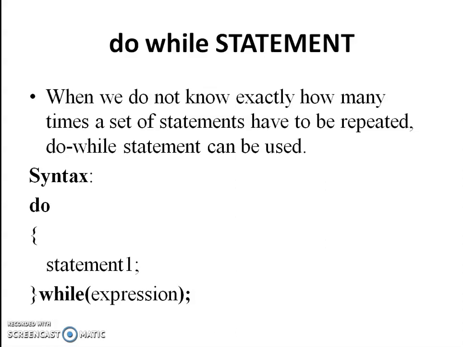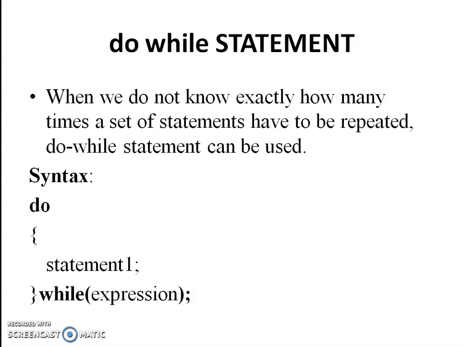Suppose the while condition was false, it is going to come out of the while loop. But in do while, you can be sure that the body is executed at least once. Why? Because initially you are executing the statement and then you are checking the condition. That is why do while is called post-testing, means you are testing later, whereas while is pre-testing. First you are testing and then you are executing.